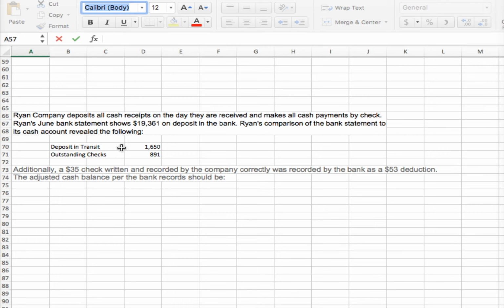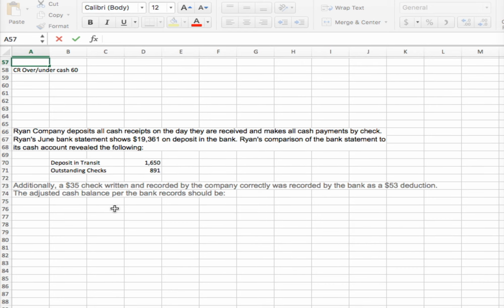We have a deposit in transit, which means it just hasn't been recorded by the bank yet, and we have outstanding checks. Additionally, we have a $35 check written and recorded by the company correctly, but was recorded by the bank as a $53 deduction instead of a $35 deduction.